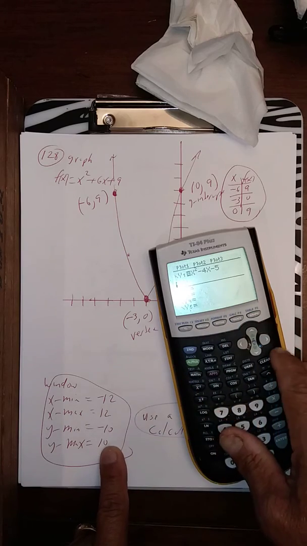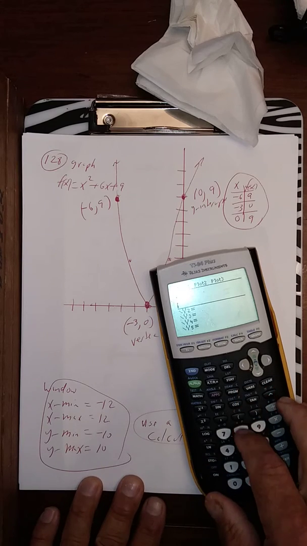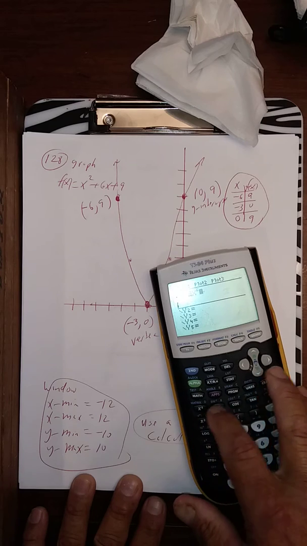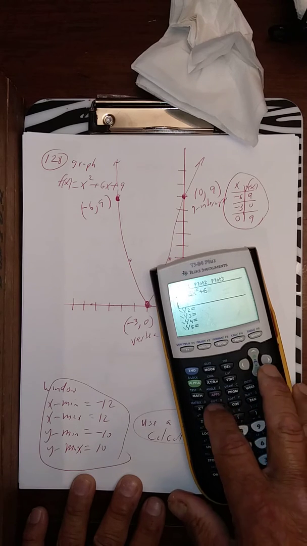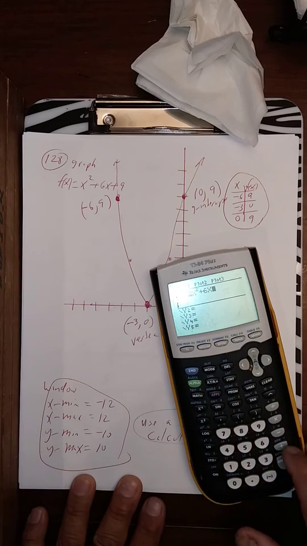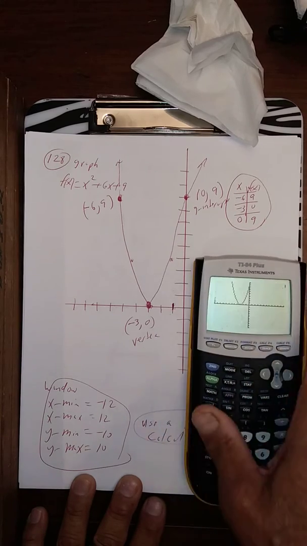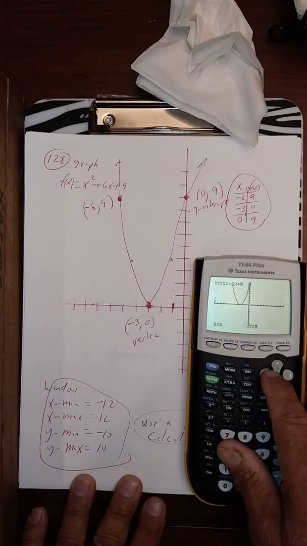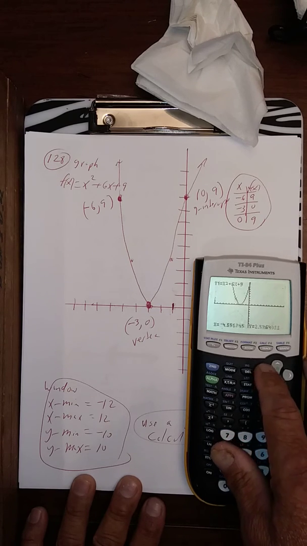Y, clear that out. x squared plus 6x plus 9. Hit graph. New graph right there. You can use trace. Yep. Keep going. Find another point. Find another point.